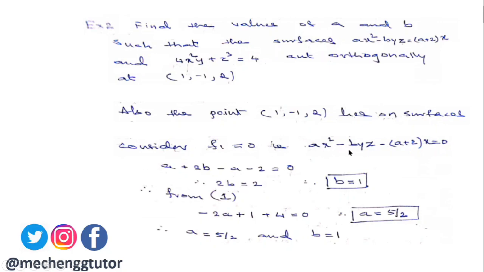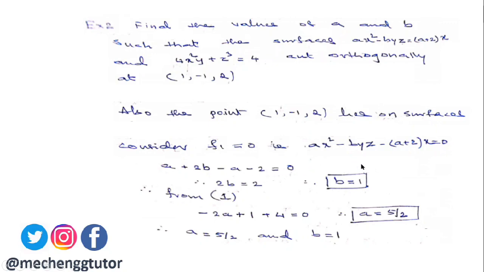So what we get here: a into 1, then here y and z are -1 and 2, so it becomes plus 2b. Here x is 1, so minus a minus 2 is equal to 0. a and minus a cancel. 2b minus 2 is equal to 0, so 2b is 2.